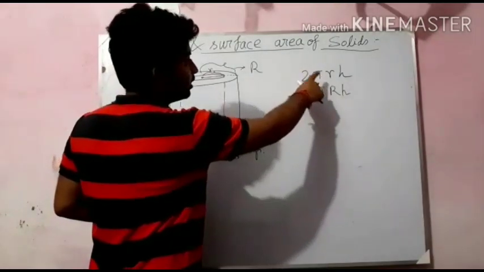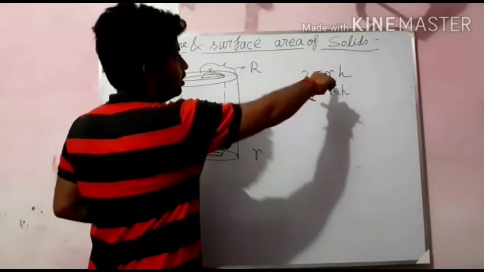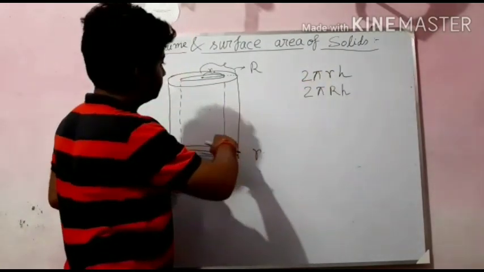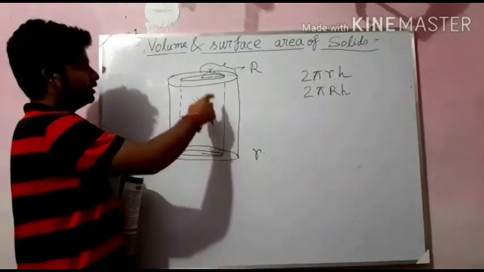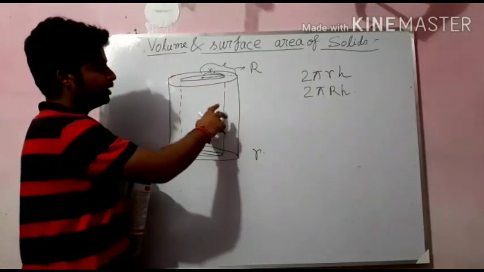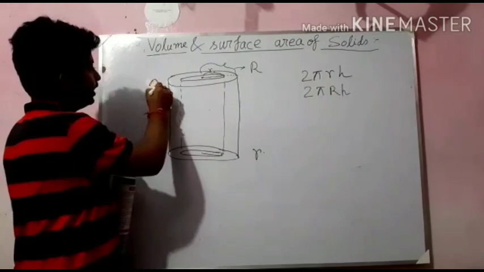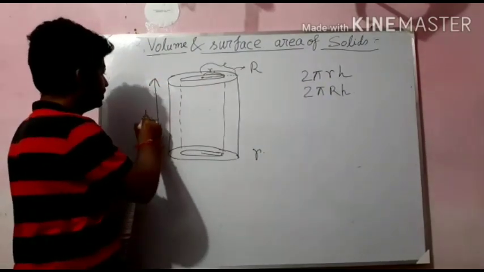We are changing the radii, but we are not changing the heights, because both of the cylinders, the inner cylinder and the outer cylinder, have the same height, right?